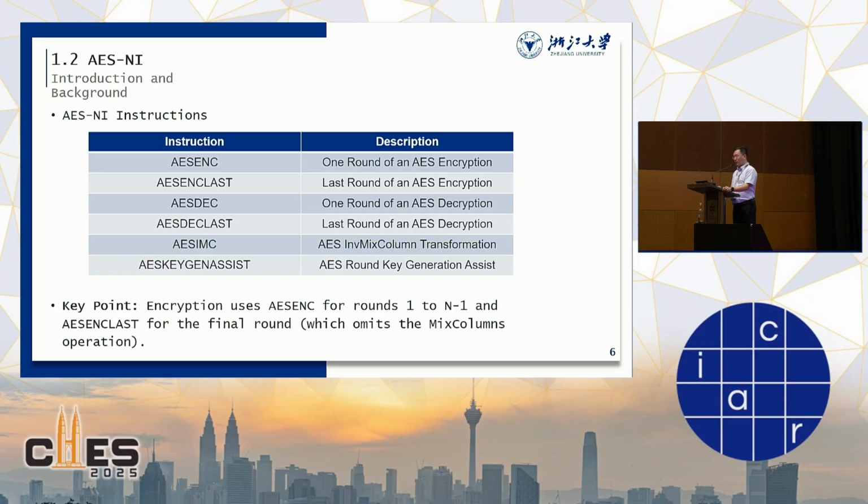We know AES has 10 rounds, so for the first 9 rounds, we use the instruction AESENC. And for the last one, it lacks MixColumns, so we call the instruction AESENCLAST, as the name says.